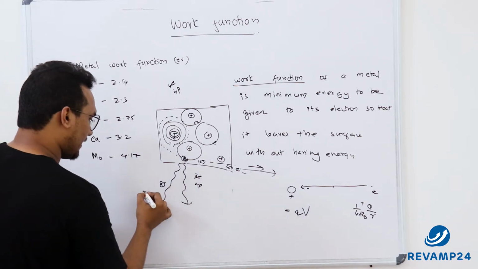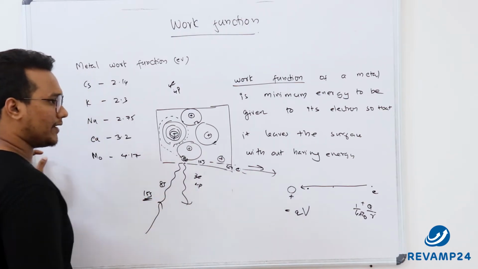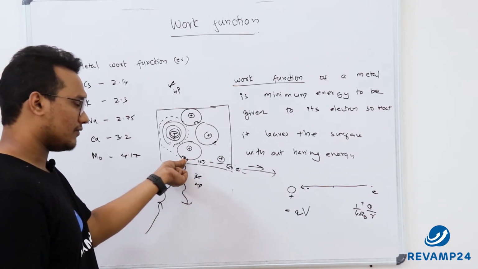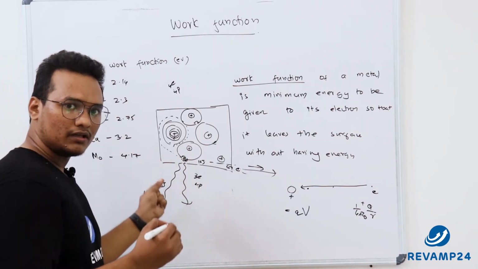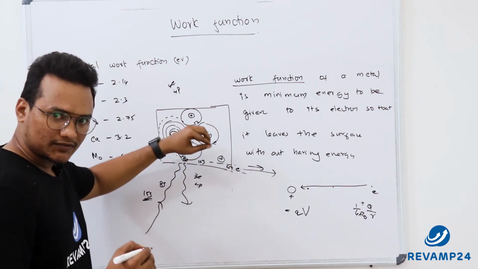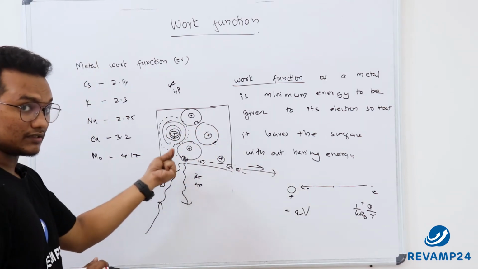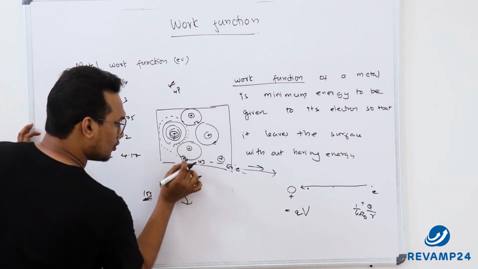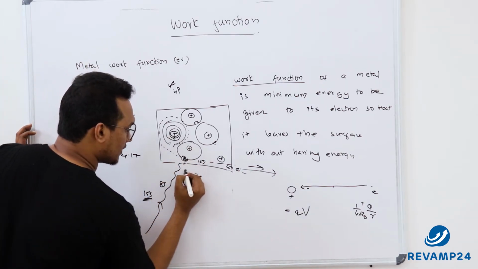But if I am giving a radiation of 15 joule, what will happen? Out of 15 joule, the light radiation will collide with the electron, and 10 joule will be used as work function, to just come out of the metal surface.